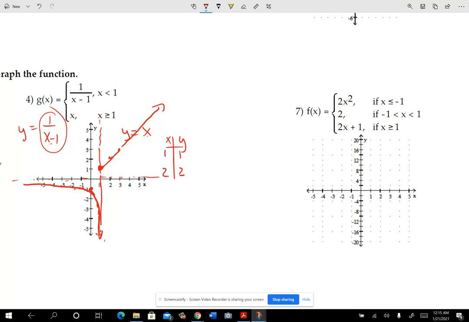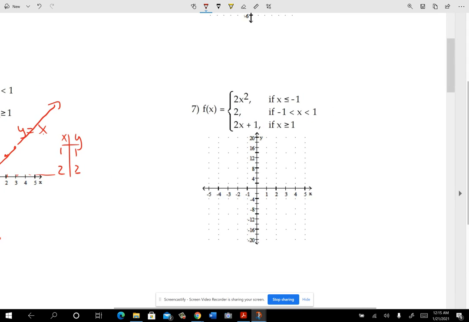And then the other piece of it would have been over here, but you're not supposed to use it, right? Because you're only supposed to use it when you're to the left of 1. So that's going to look something like that. So you're going to have the left part of the rational function and then just from there on up. And this little line I drew is not part of your graph. It's just me trying to organize and figure out where to split the coordinate plane.